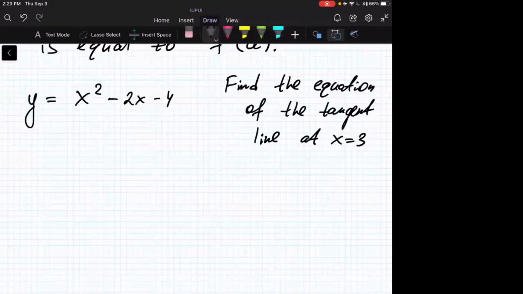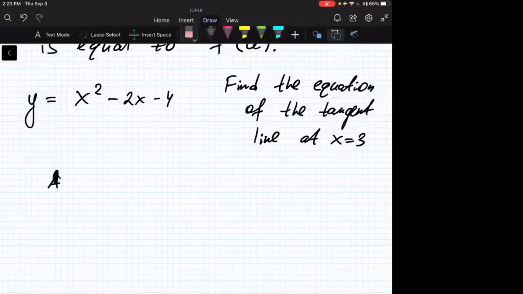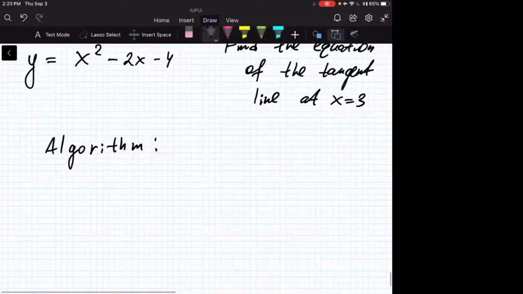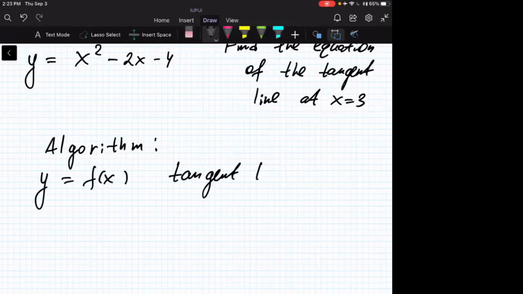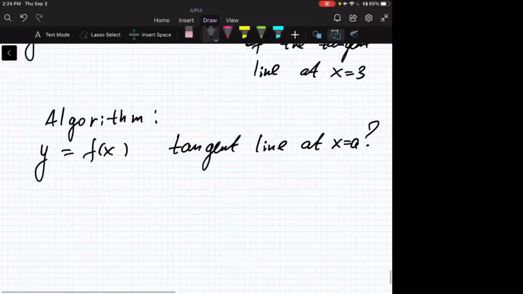So what do we need to do? We need to calculate. So in general, let me make the algorithm. So suppose you have y equals f of x and the tangent line at x equals a you're interested in.